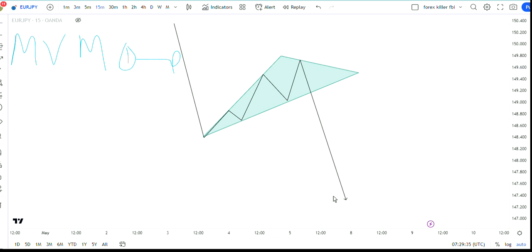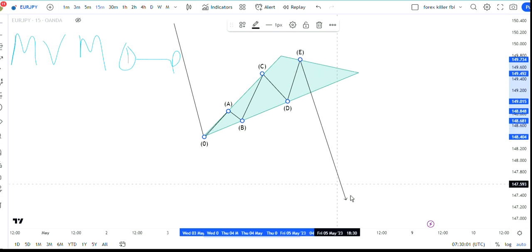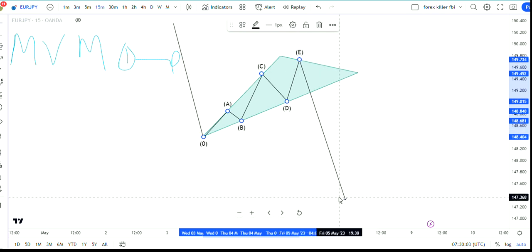Inside the triangle we have an A, B, C, D, E structure. This is point 0, this will be A, this is B, this is C, this is D, and this is E. The upcoming move after E will be the aggressive move.